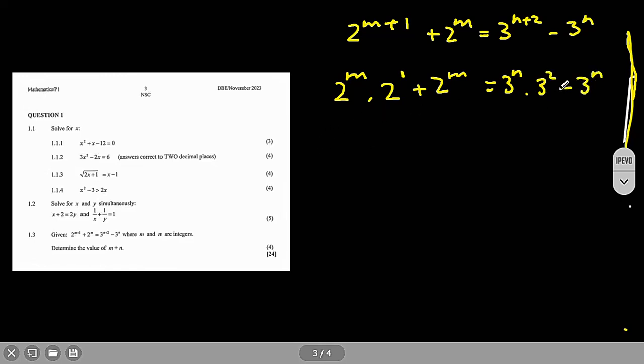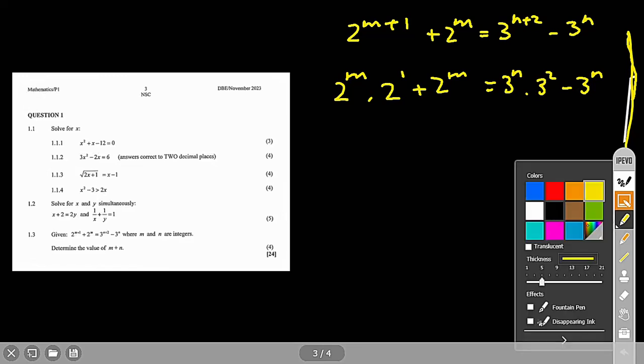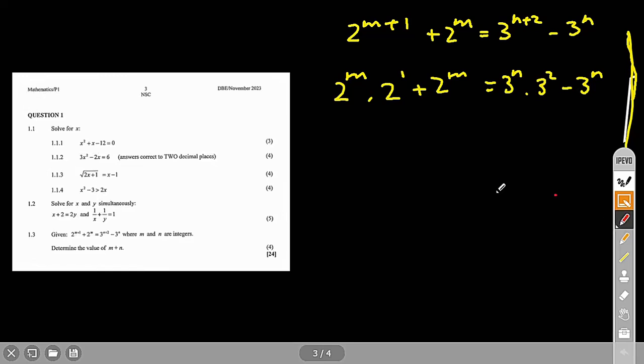Now there's a negative sign, there's a positive sign, and what you can see here, there's common factors. You can take out a common factor. Look at this value and this one, and look at this one and this one.